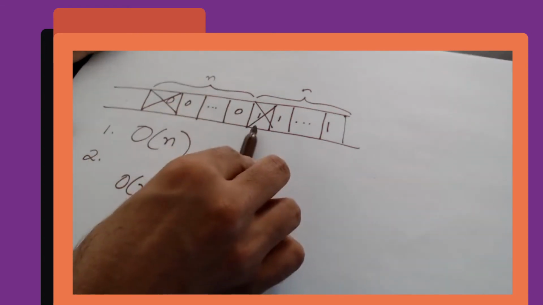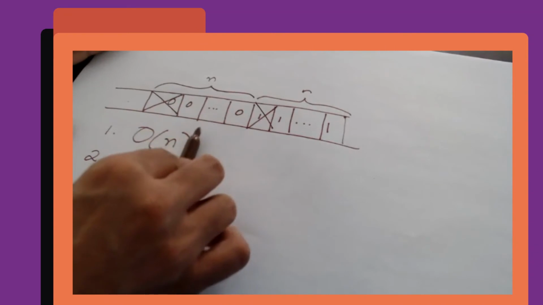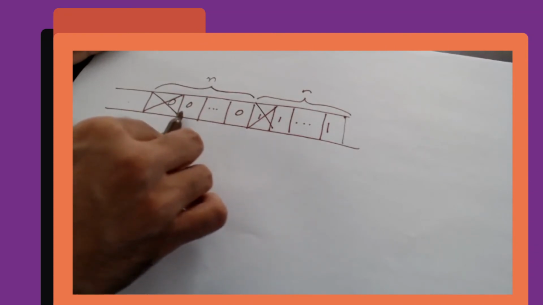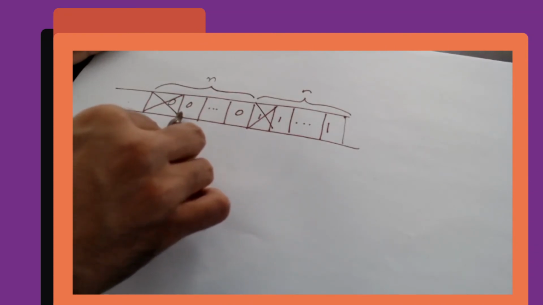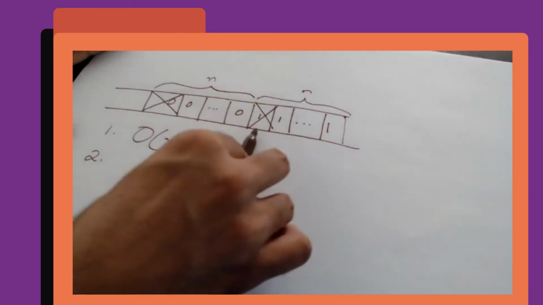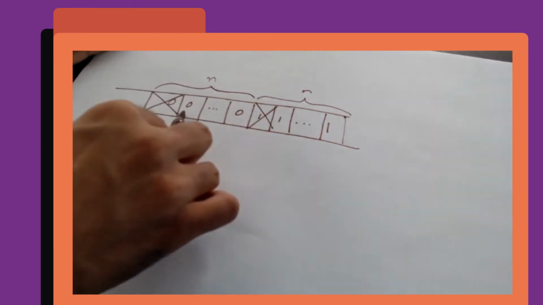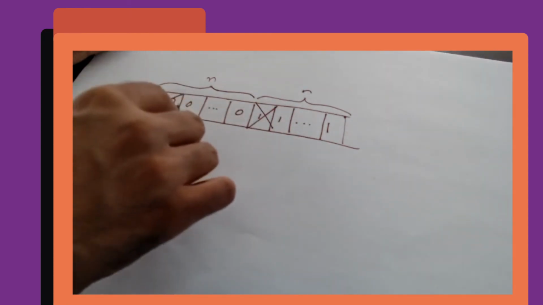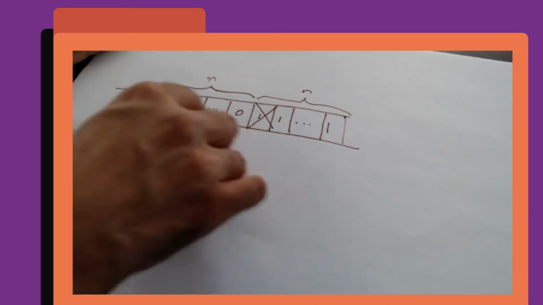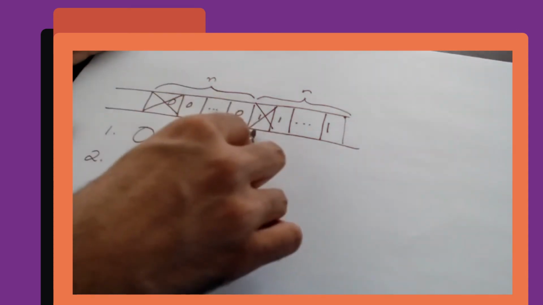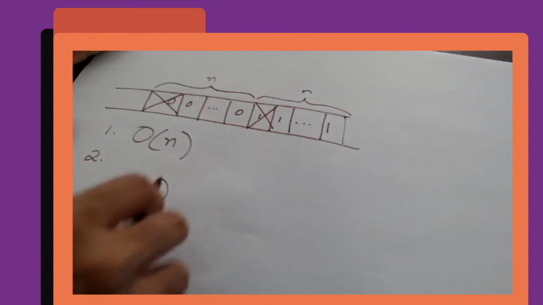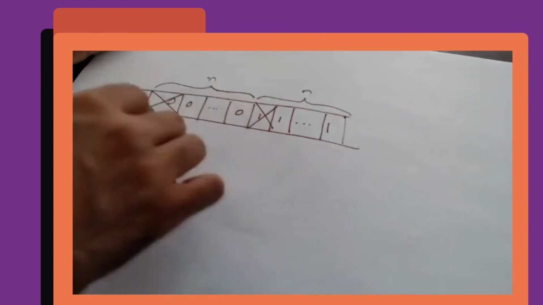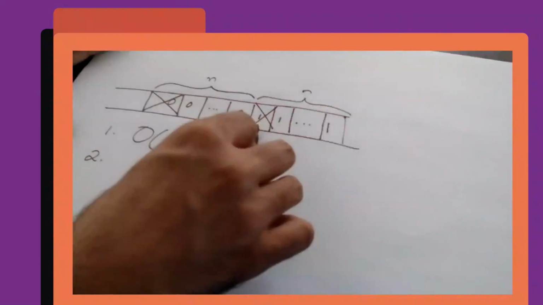and then we have to move back until the first uncrossed 0 and then repeat the same process. So moving back takes O(n) time, and then crossing the 0 and moving forward also takes O(n) time, which together is O(n), and hence crossing off any one such pair is O(n) time.